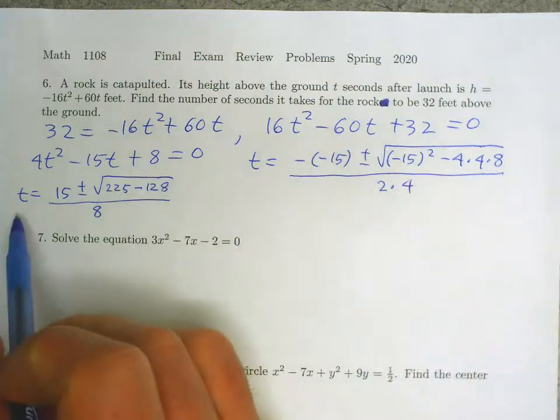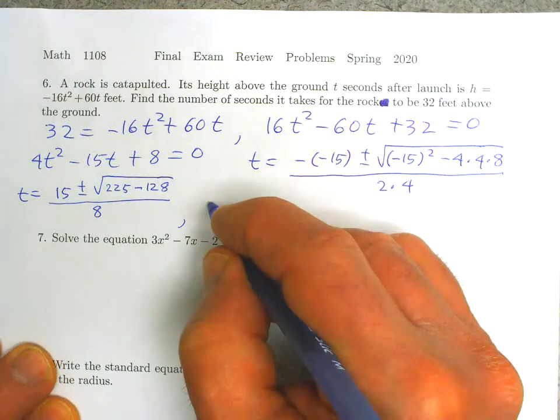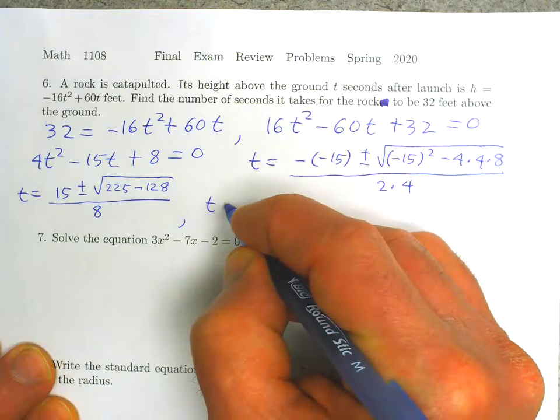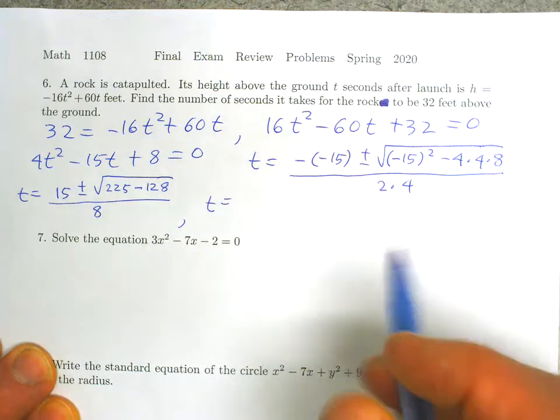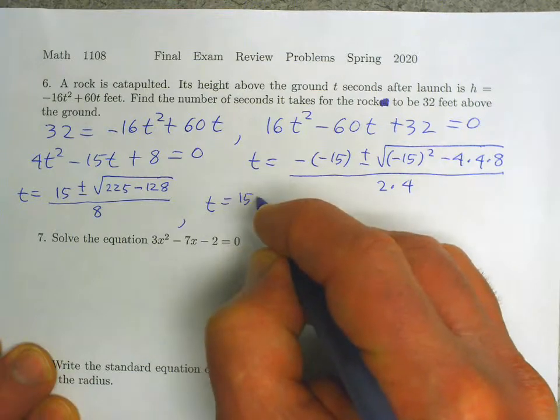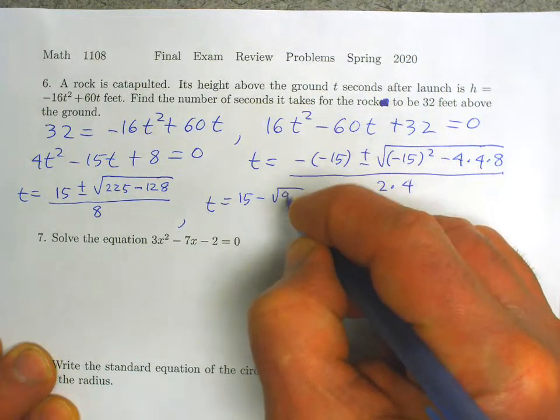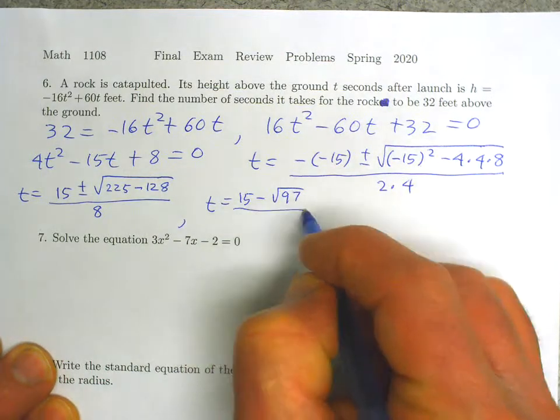So there are two positive solutions. So one is t equals 15 minus the square root of 97, all divided by 8.